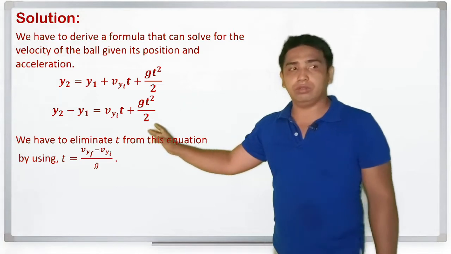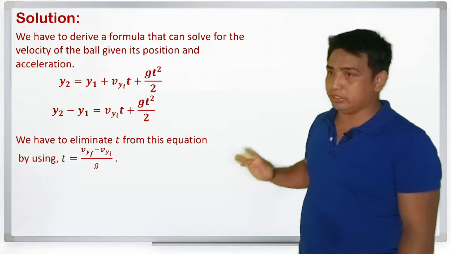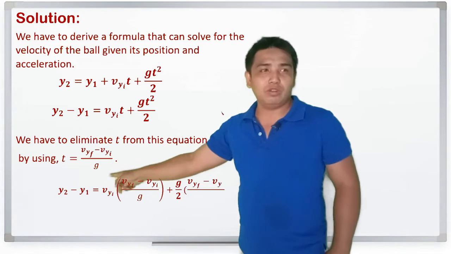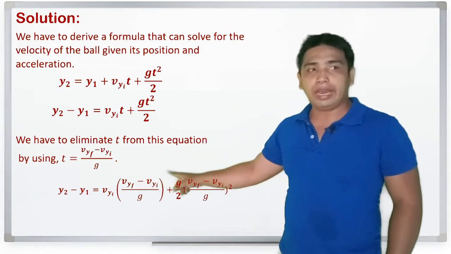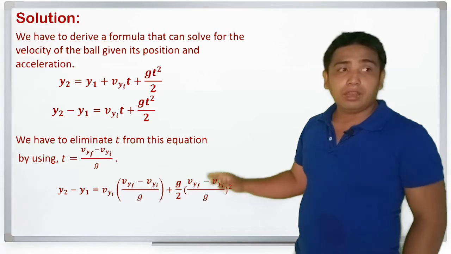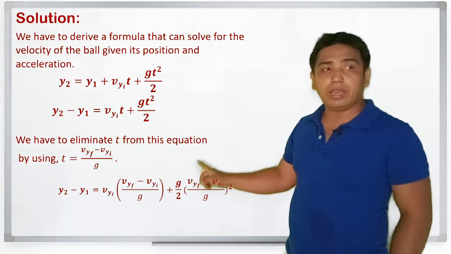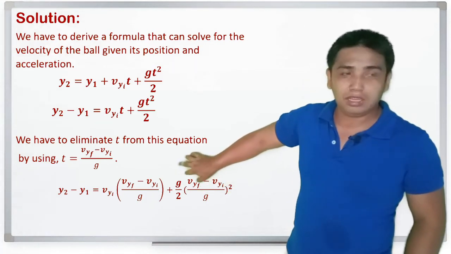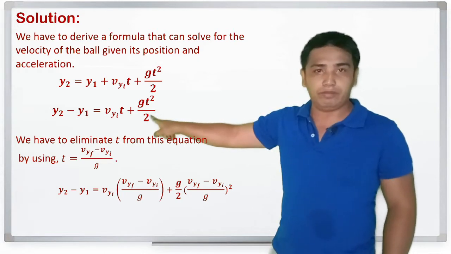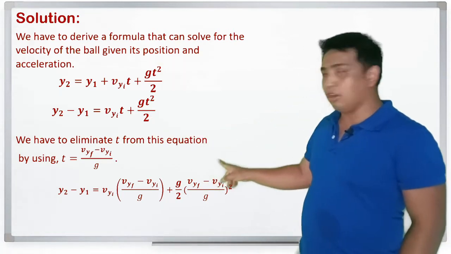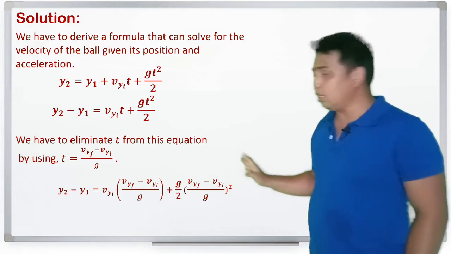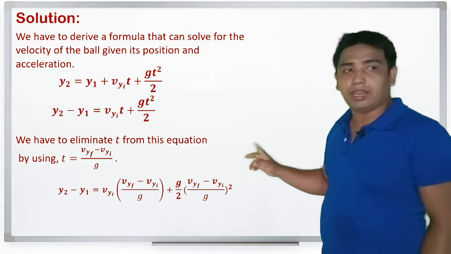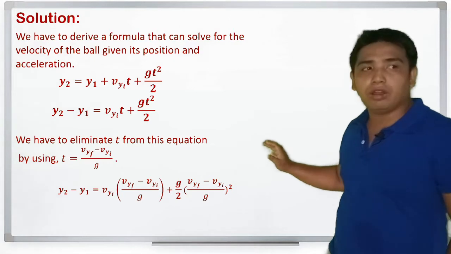Once we do that, this equation will change dramatically. You will see that this is y sub 2 minus y sub 1 is equivalent to vyi times the quantity of vfy minus vyi over g, because this term is equivalent to the time, and then plus g over 2 times this quantity, which is vyf minus vyi all over g, and then we'll raise that to the power of 2.